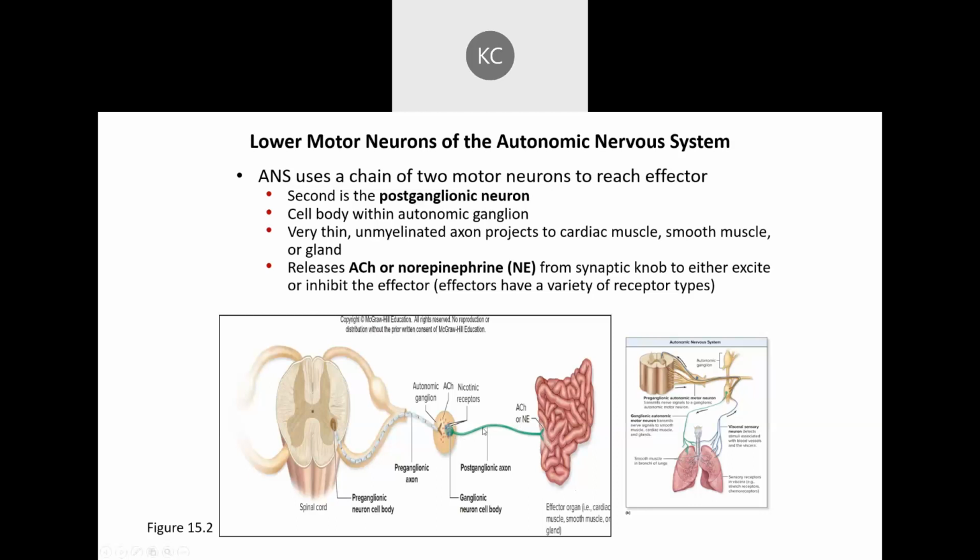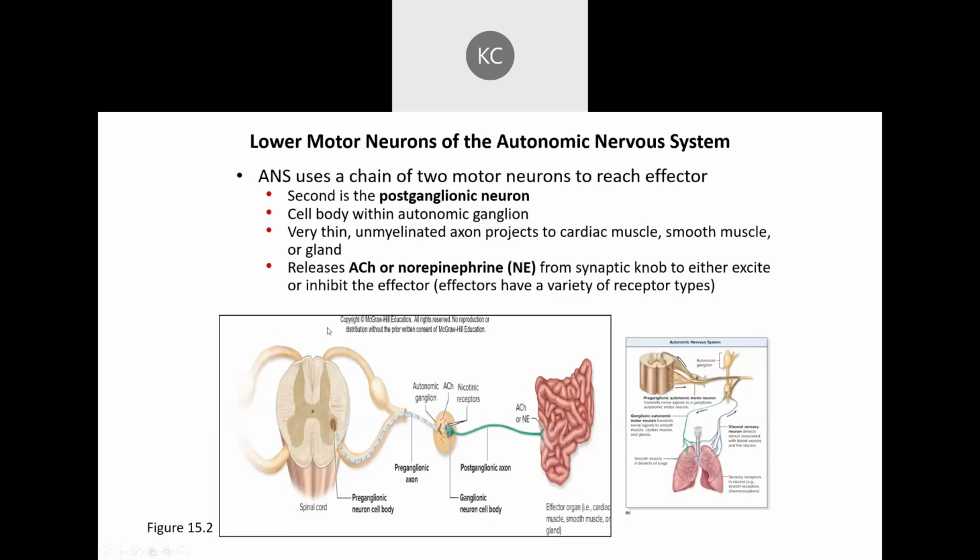These are smaller, thinner, unmyelinated axons of neurons that travel out to the effector. So when you look at this image and then at this one, these are the same. The pre and postganglionic neurons are roughly the same length. As we'll see in a second, they're actually not the same length, and they're going to vary depending on if you have this happening in the parasympathetic versus the sympathetic.